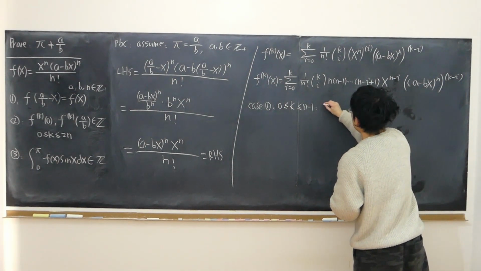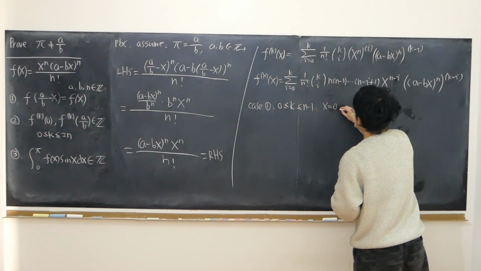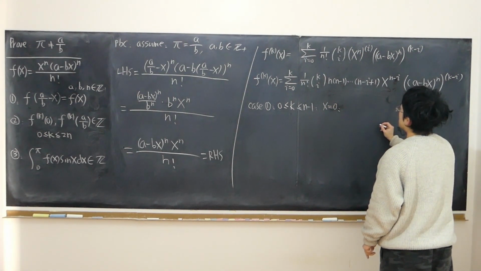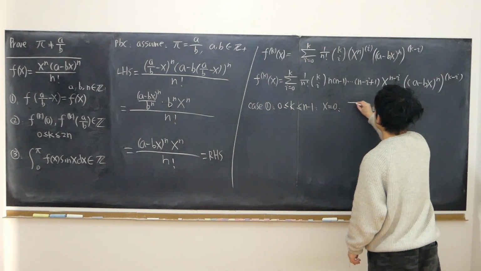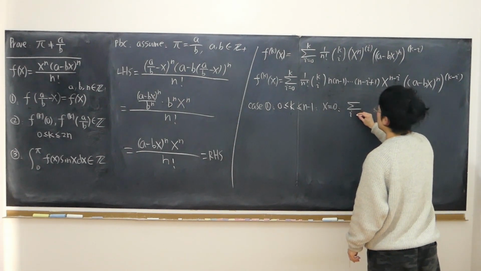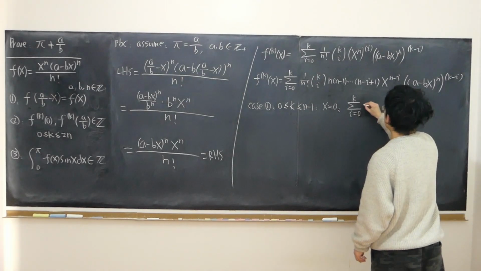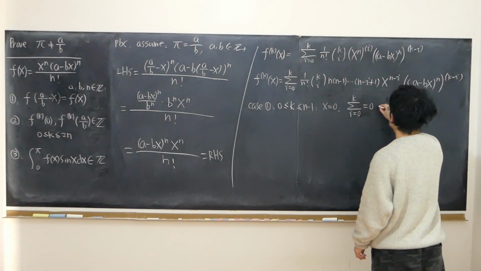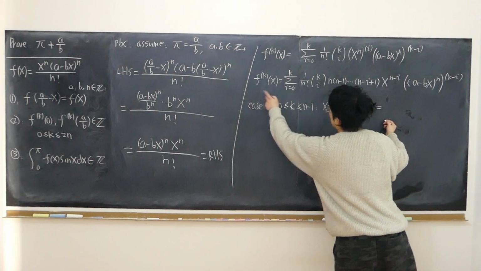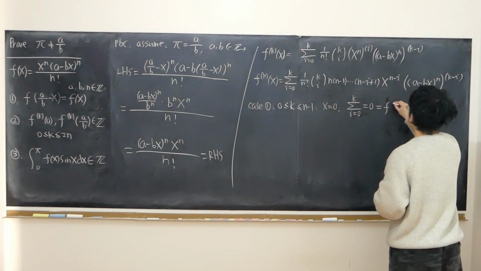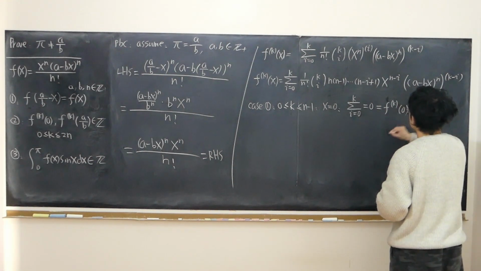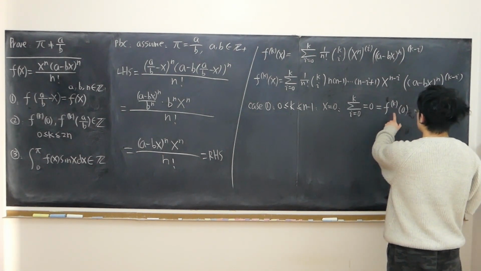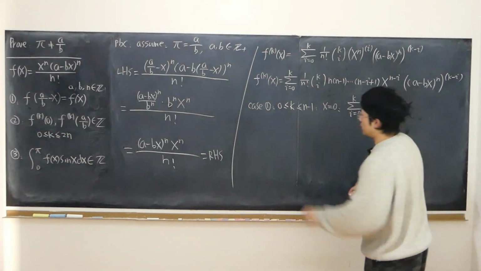So when I let x equal to 0, then I just have a sum of zeros, right? Which is also equal to 0. It's really equal to 0. That is also equal to the left-hand side, that is f kth order derivative at 0. So this really is an integer in this case.